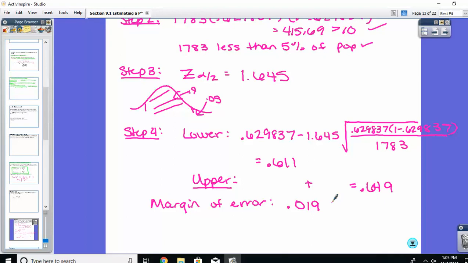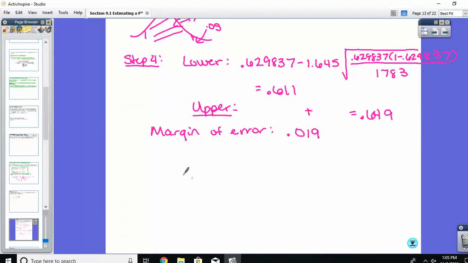Are there any questions here? So, the final thing I just want to do is write a little sentence about what this means. It's essentially saying if I went out and collected a bunch of different samples. This was a 90% confidence level.